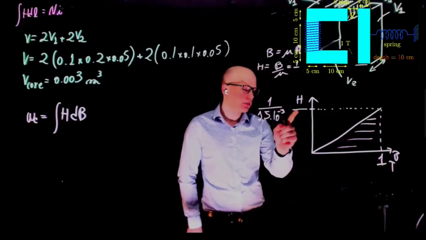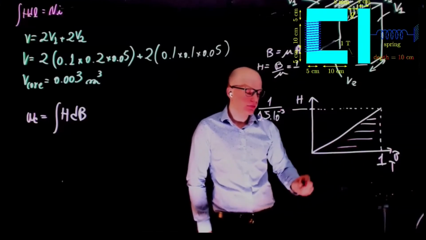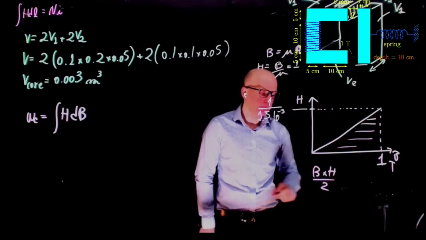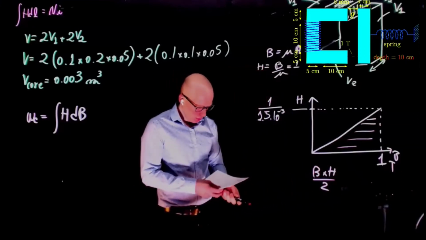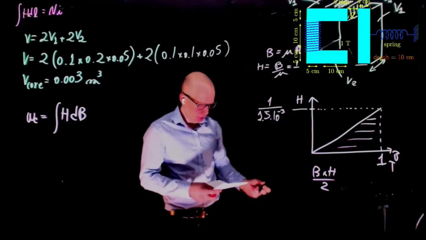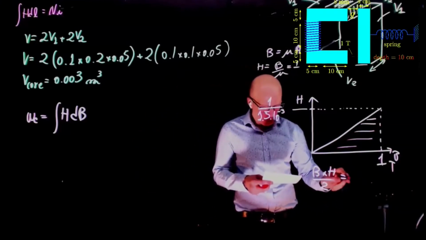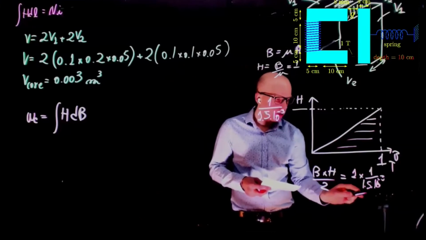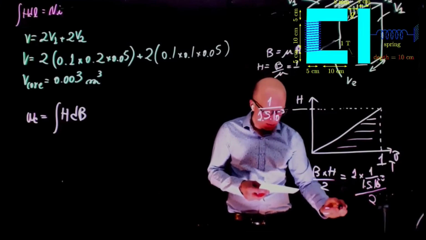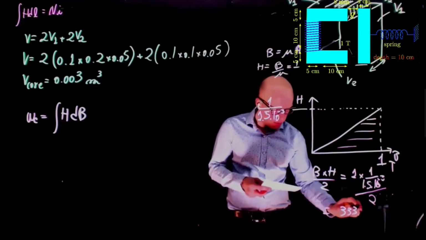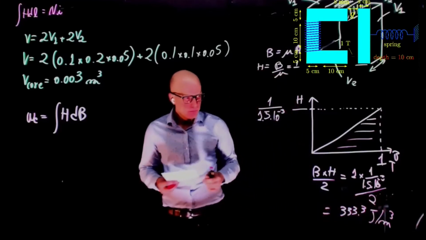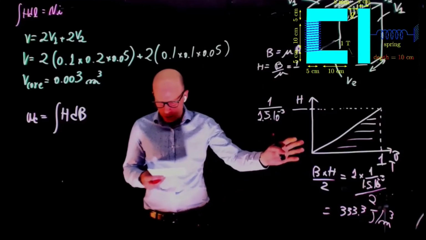Just do half base times height, B times H divided by 2. So that would be 1 times 1 over 1.5 times 10 to the power of -3, all divided by 2, and this is 333.3 joule per cubic meter. All right, but this is an approach for kids.